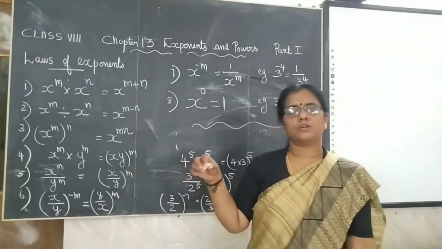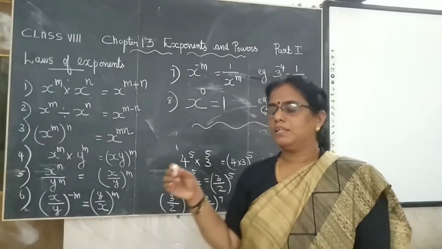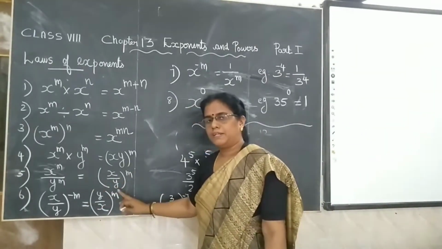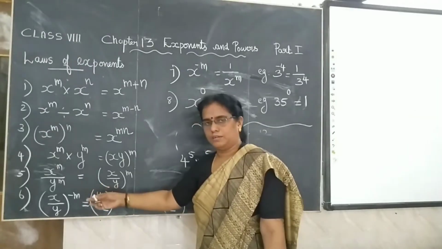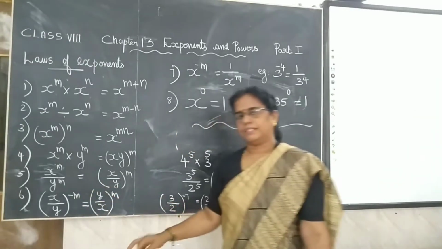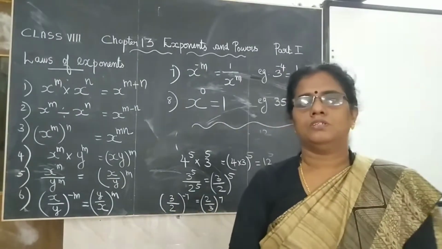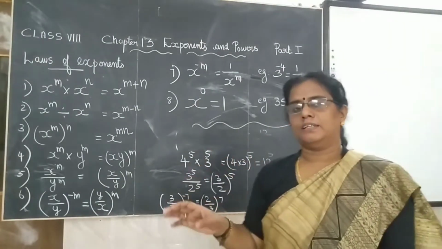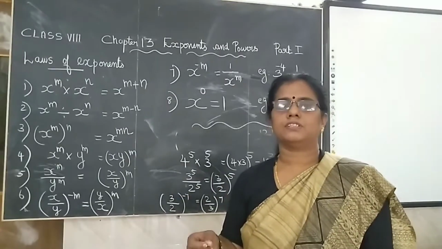That is, if the power of a fraction is negative, we can change that power to positive by taking the reciprocal of the fraction. That is, x by y becomes y by x. So revise it again and again. Then we can start the first exercise.